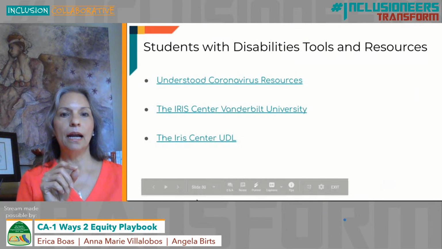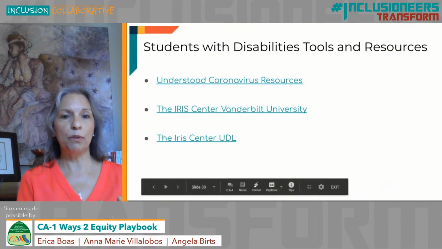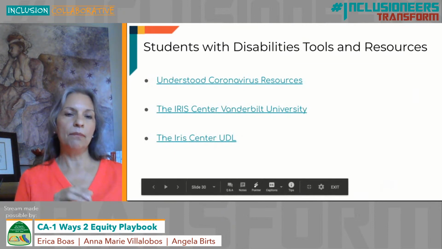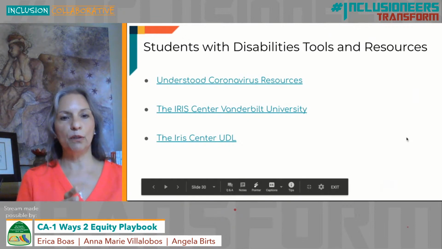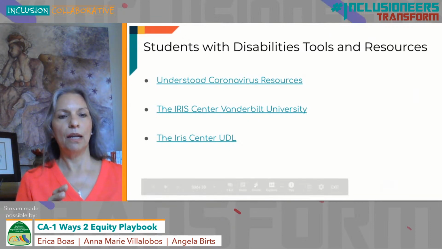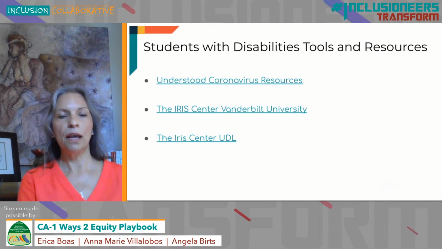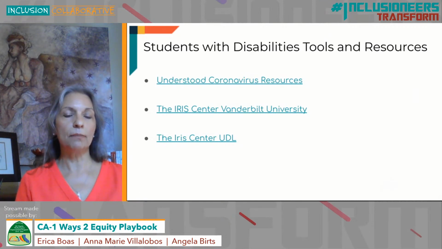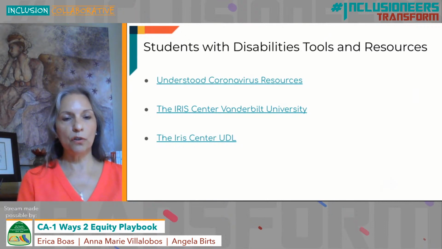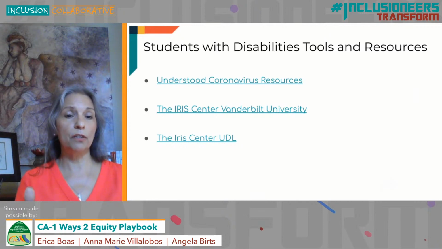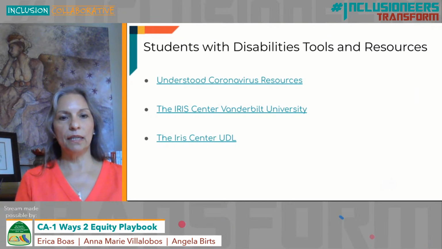On this last slide, Understood also has coronavirus resources that are available. And there's the IRIS Center from Vanderbilt University, and the IRIS Center is an incredible, I use that word a lot, resource. Their website has modules, and you can search for certain things like accommodations or modifications, and the resource module that specifically addresses that will come up.